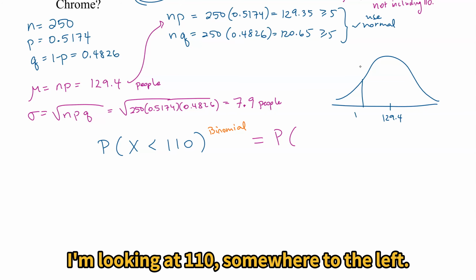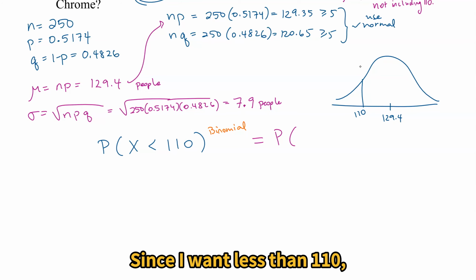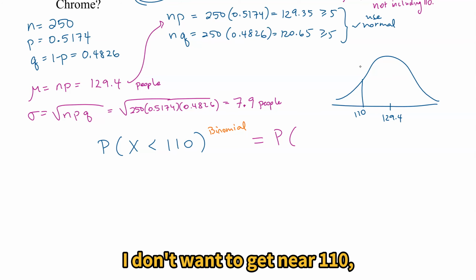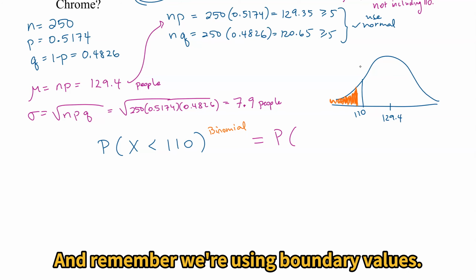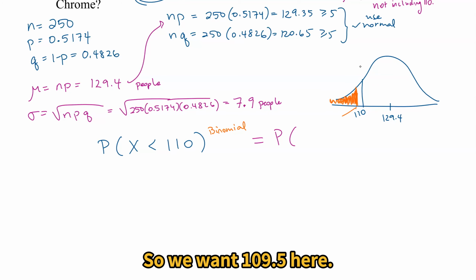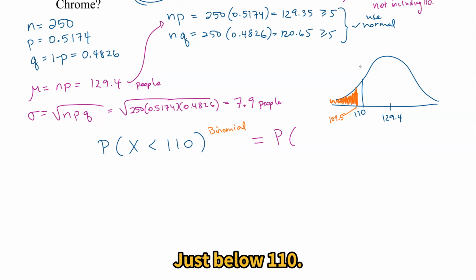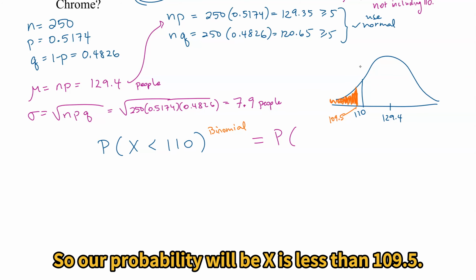I'm looking at 110 somewhere to the left. Since I want less than 110, I don't want to get near 110. I want left of 110. And remember, we're using boundary values, so we want 109.5 here, just below 110. So our probability will be x is less than 109.5.